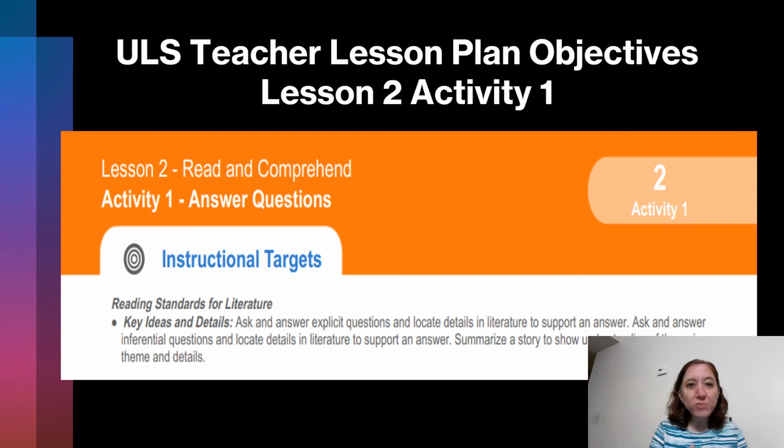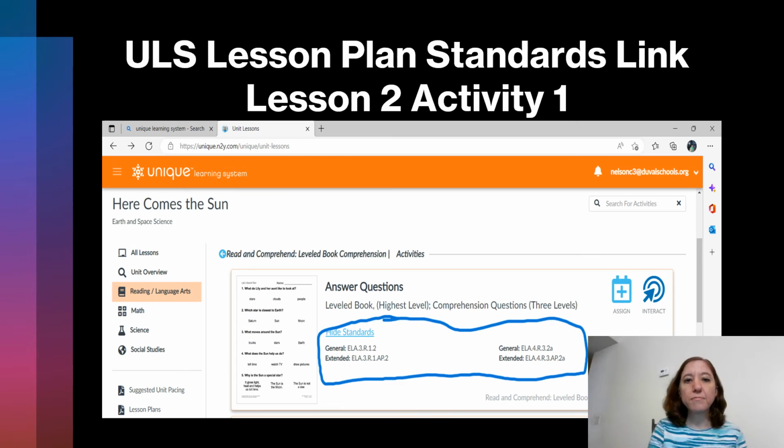So with that research in mind, I want to take a quick look at a ULS lesson for grade bands 3 through 5, currently used within our elementary school, and associated with the benchmark standards which we currently use in Florida. The lesson objective for this particular lesson is for students to identify key details in text and ask and answer implicit and explicit questions.